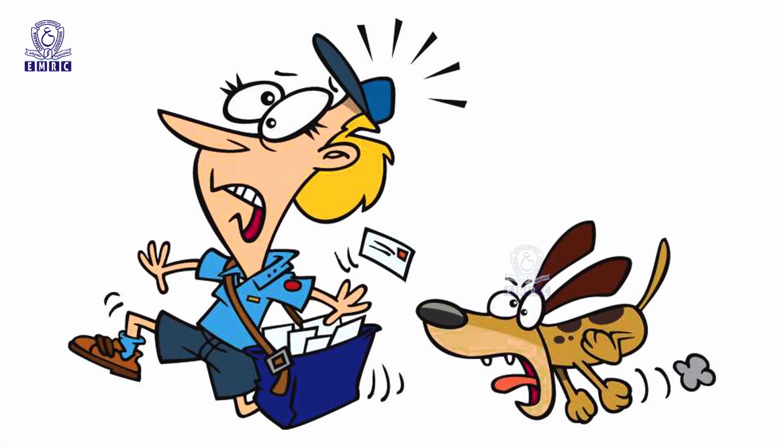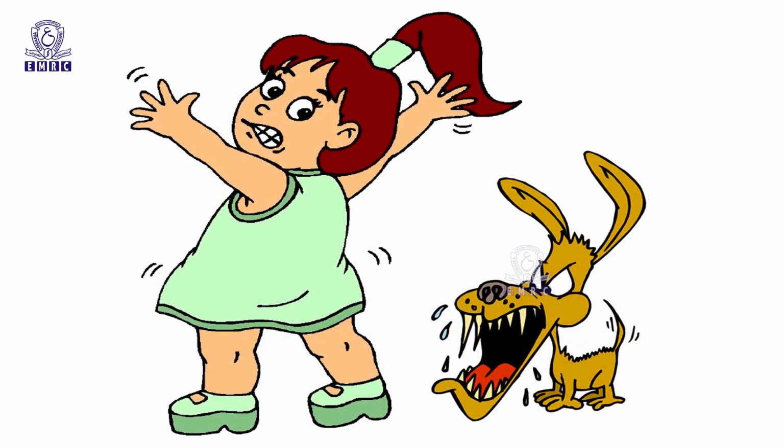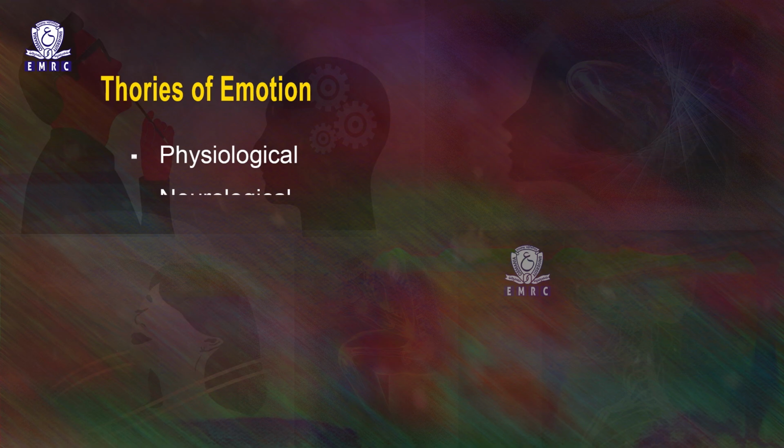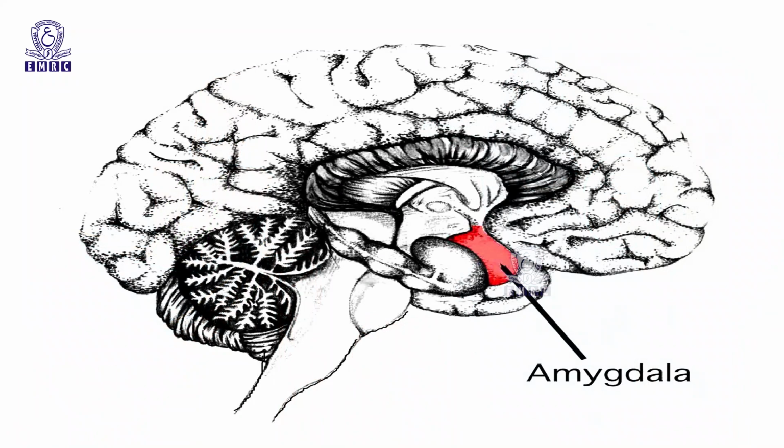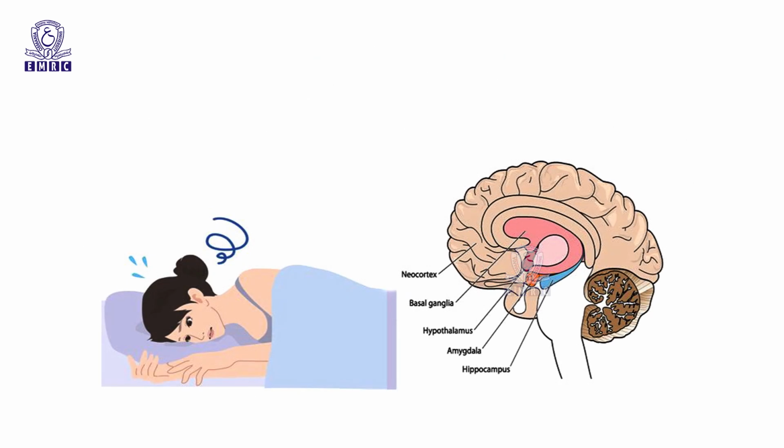For example, a dog approaches a person, the heart beats faster and he or she starts running. Second, neurological theories propose that activity within the brain leads to emotional responses. For example, any change in the amygdala can lead to a fight or flight response.